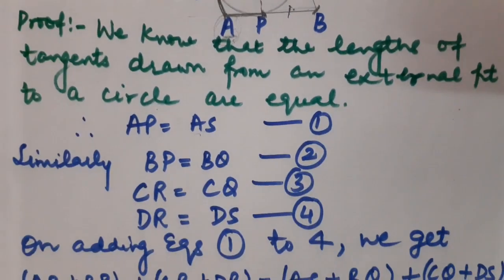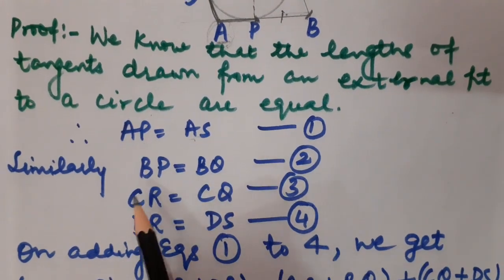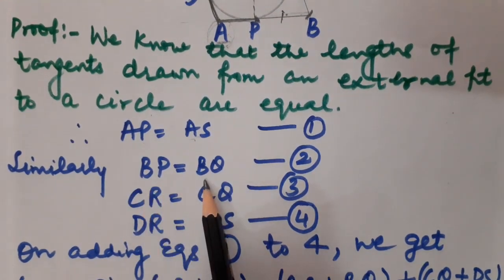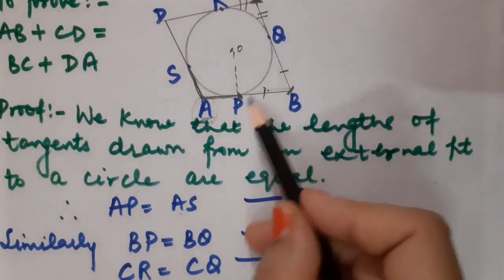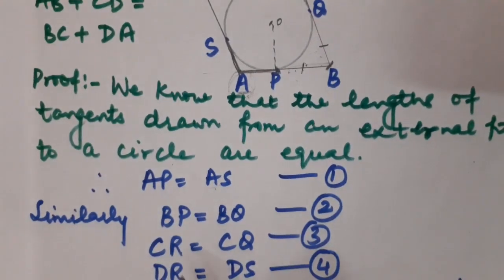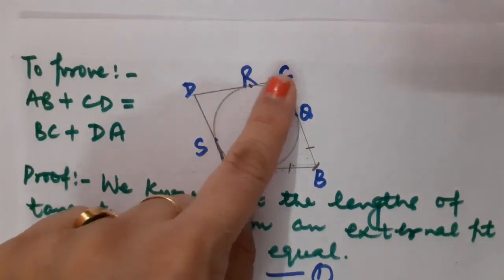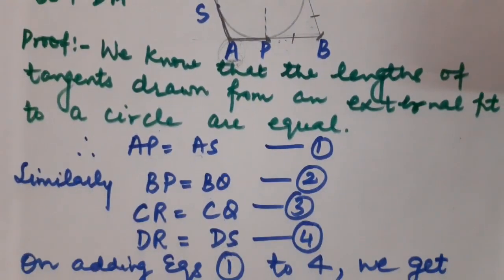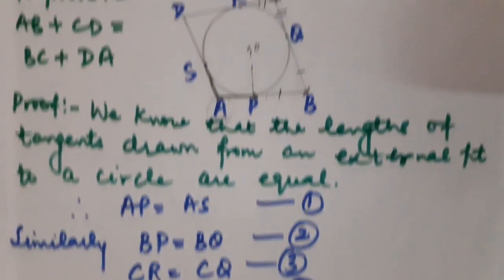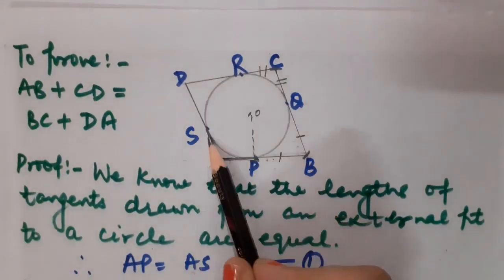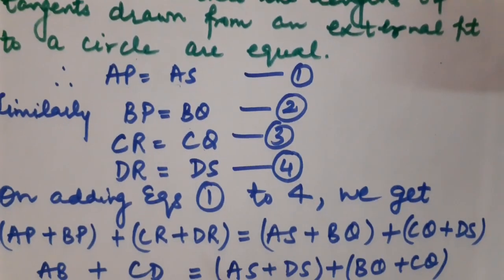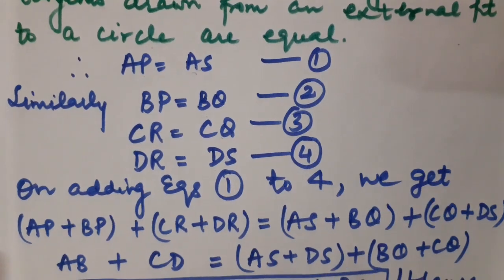So all these equations I have written over here: BP is equal to BQ, CR is equal to CQ, DR is equal to DS. Now I am going to add these four equations.